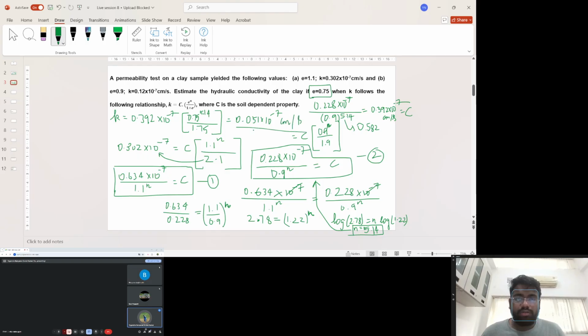So this is the value for the coefficient of permeability or hydraulic conductivity for the same clay when it is compacted to a void ratio of 0.75.